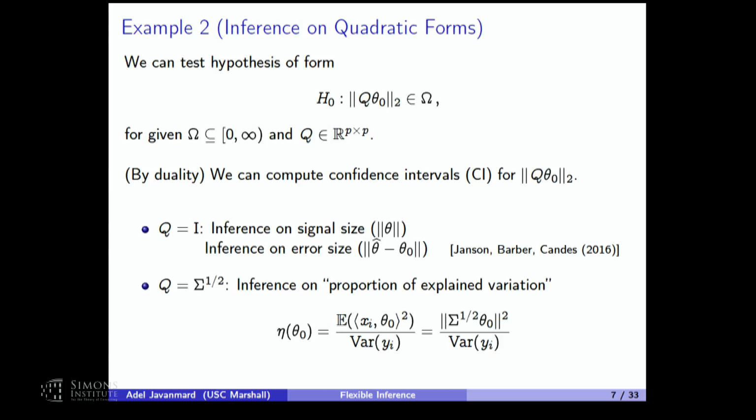You can show that the quantity in the denominator concentrates very well. It's a chi-square with n degrees of freedom. So if you can do inference on this one, you can also do inference on the explained variation. This is useful, for instance, in GWAS, genome-wide association studies, because it tells you what fraction of variation in the trait can be explained by genes rather than the environment.